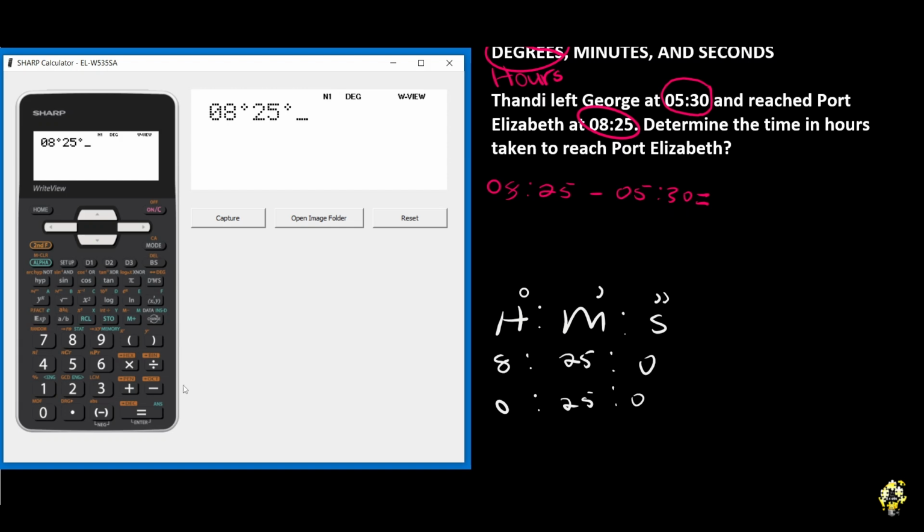And then we'll say subtract. And now we have 0.5, which can just be put as a 5. And we also have 30 minutes. And then we say equals. Now it tells us that the time taken between 8:25 and 5:30 is actually 2 hours, 55 minutes.